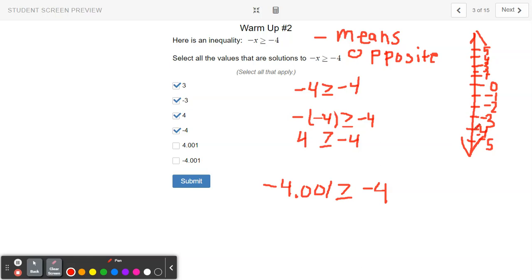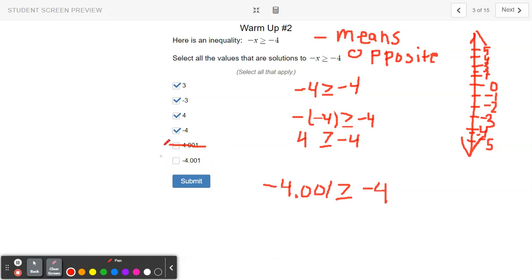So what I'm trying to say here is when we're looking at this on a number line, it's actually between negative 4 and negative 5, not between negative 4 and negative 3. So that number has to be a little bit less than negative 4. So is it true that negative 4.001 is greater than or equal to negative 4? No, that's not true. It's actually 1,000th less than negative 4.